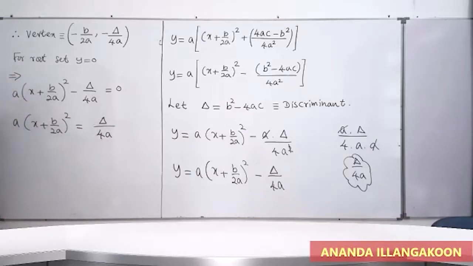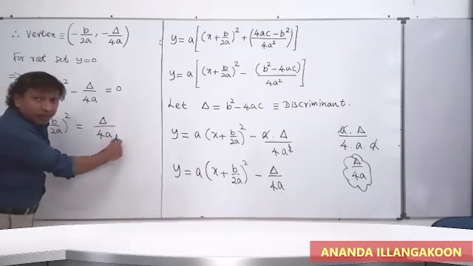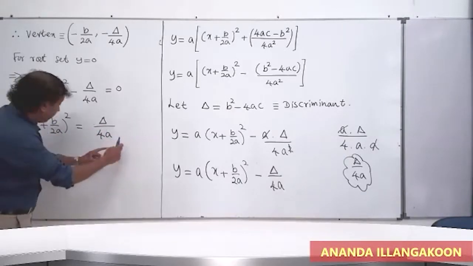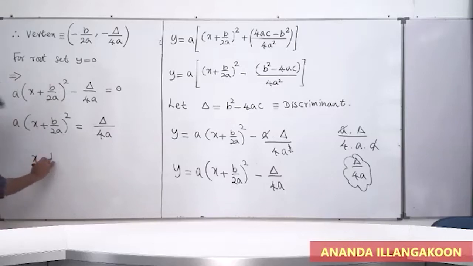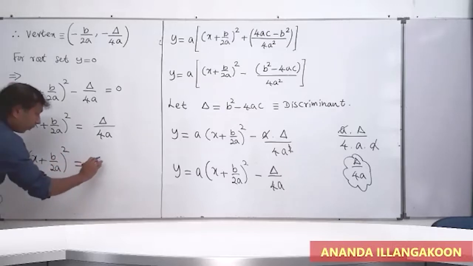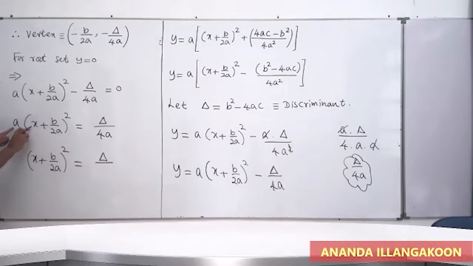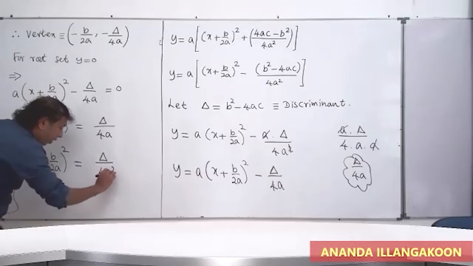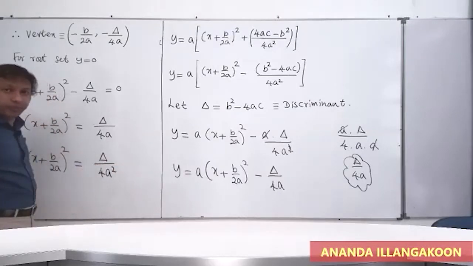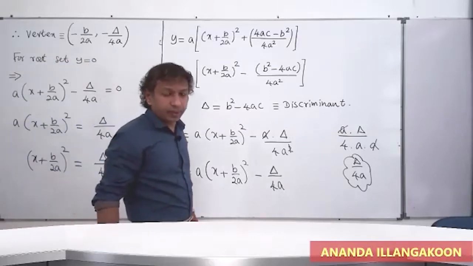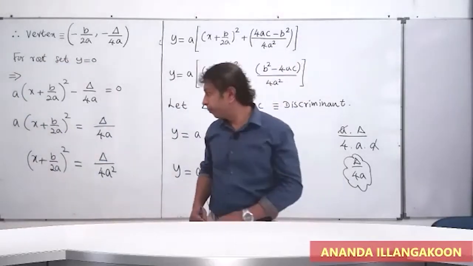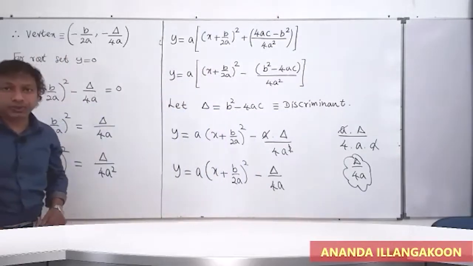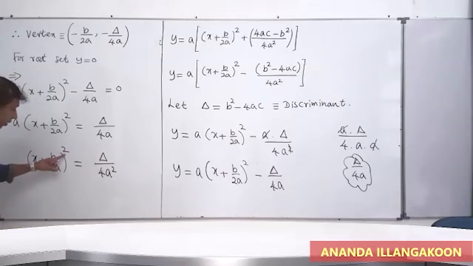Right. The next step is, people, this a you can bring via the right hand side denominator. Right. So then we get (x plus b upon 2a) squared is equal to delta divided by, once you bring this a via here, people, that a and this a make a squared, then we get 4a squared. Okay, people, right. Now, I can take the square root on the right hand side, then we can eliminate this square.